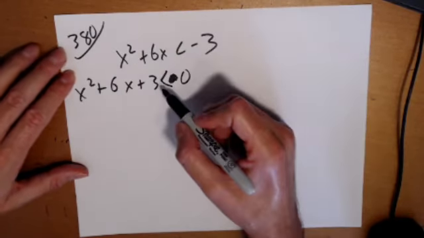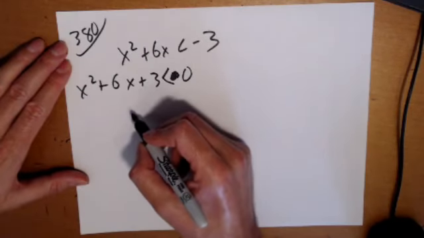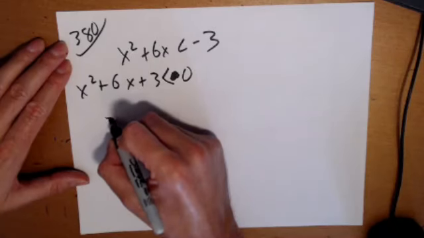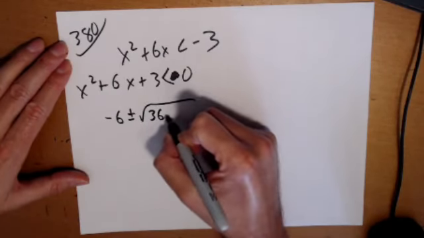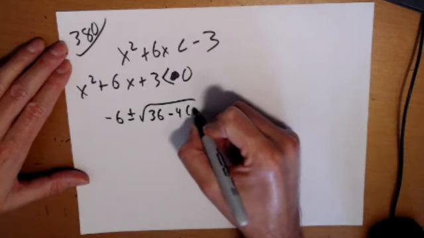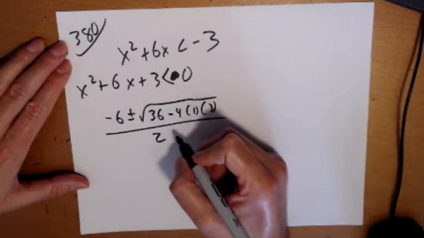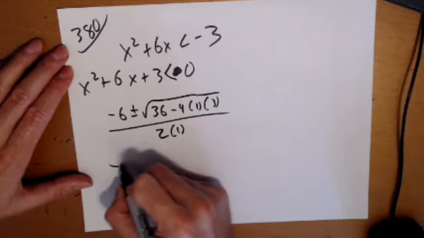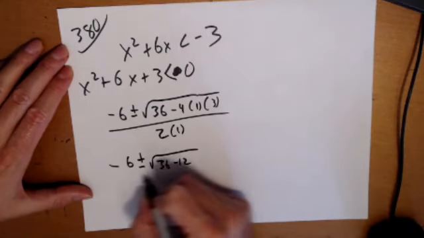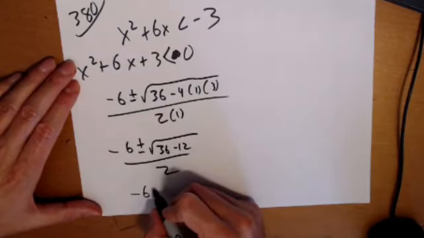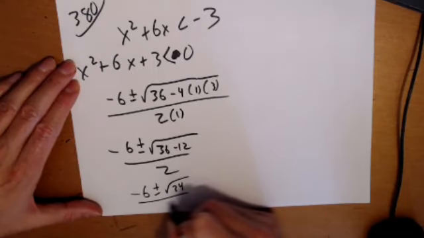This does not factor, so let me see if I can do quadratic. -b, -6 plus or minus square root of b squared. 6 squared is 36 minus 4 times a times c all over 2 times a. -6 plus or minus square root of 36 minus 12 over 2. -6 plus or minus square root of 24 over 2.